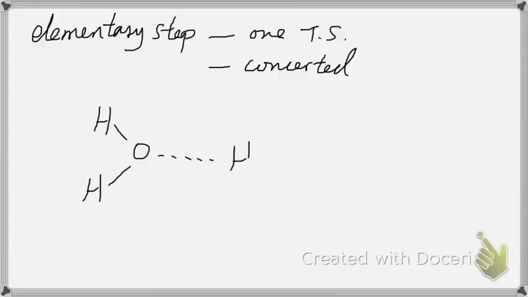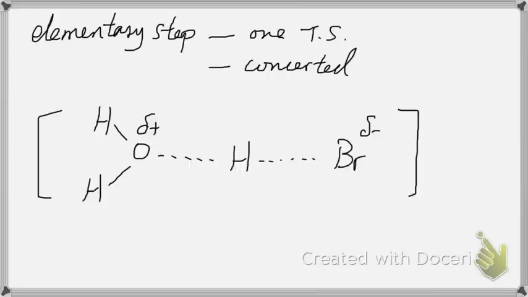So let me redraw the transition state of this reaction. OH bond is forming and HBr bond is breaking. The bromine starts to have the negative charge and the oxygen starts to have the positive charge. So both of them have the partial charges.